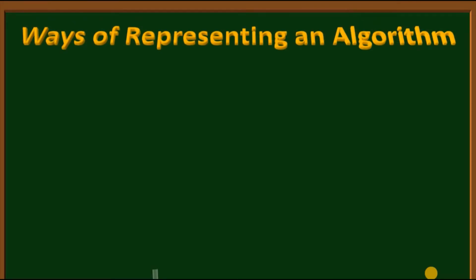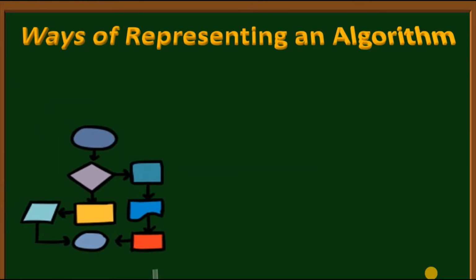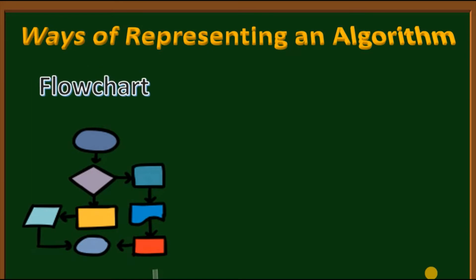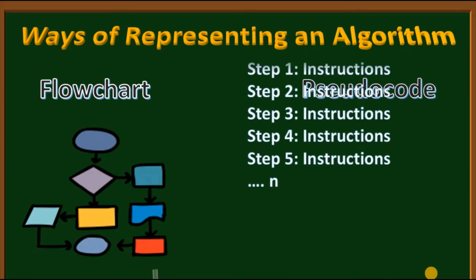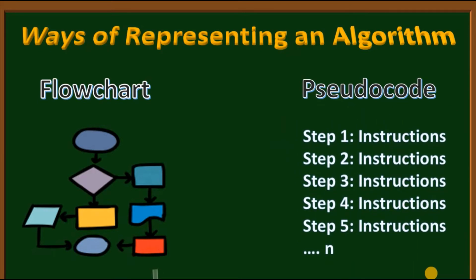Now we also want to identify two ways of representing an algorithm, which we'll also be looking at throughout this series. One of these ways is through the use of a flowchart, and the second method is through the use of what we call pseudocode.